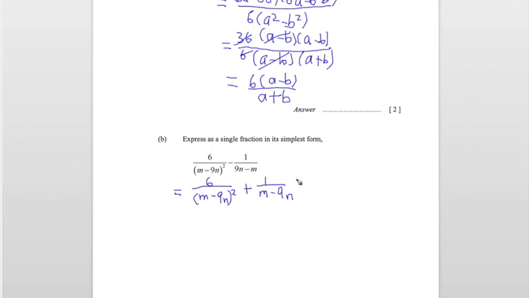Now what we are short of is an m minus 9n, a factor of that. So we need to multiply by m minus 9n.